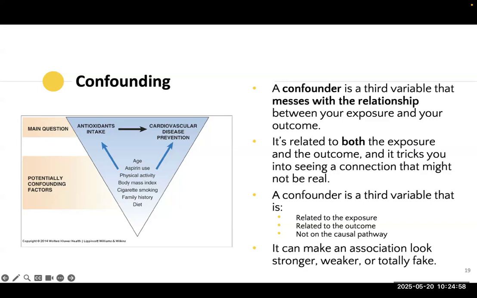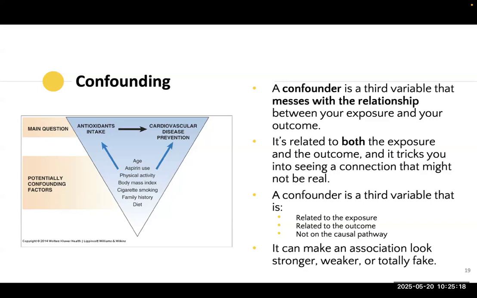So this is a cool graphic. This one talks about antioxidants. The main question is, what are the effects of antioxidant intake on cardiovascular disease? But the list here are confounders, because age also affects cardiovascular disease.